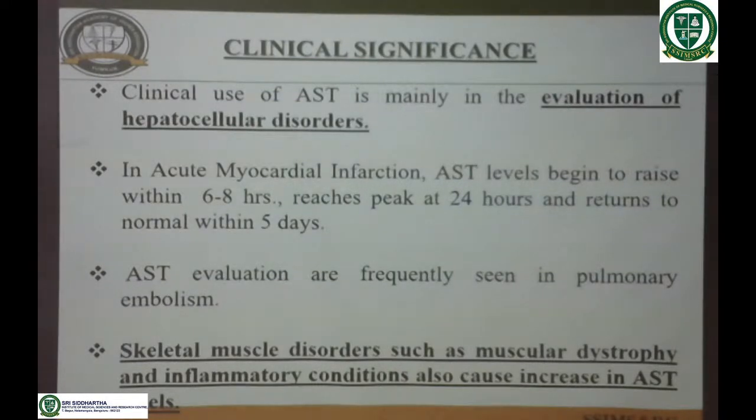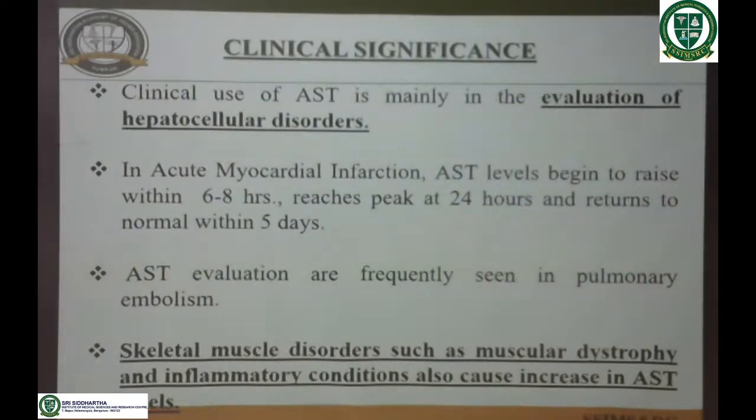So in these conditions, before onset of jaundice and in acute viral hepatitis, we can see AST and ALT activities at high concentration. ALT is considered more specific for liver disorder than AST, because AST is elevated in cases of cardiac and skeletal muscle injury, while ALT is not increased.